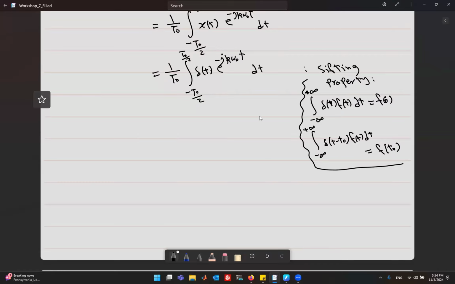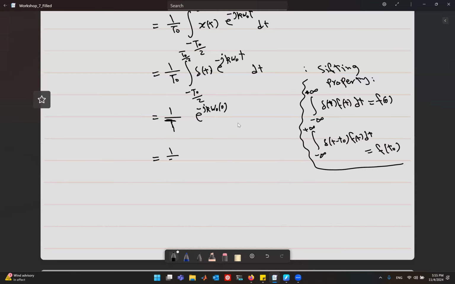So using this shifting property, we can simplify this integral, and it will simply become 1 over T. And then using the shifting property, this will be exponential minus j k omega naught times 0, which is 1.